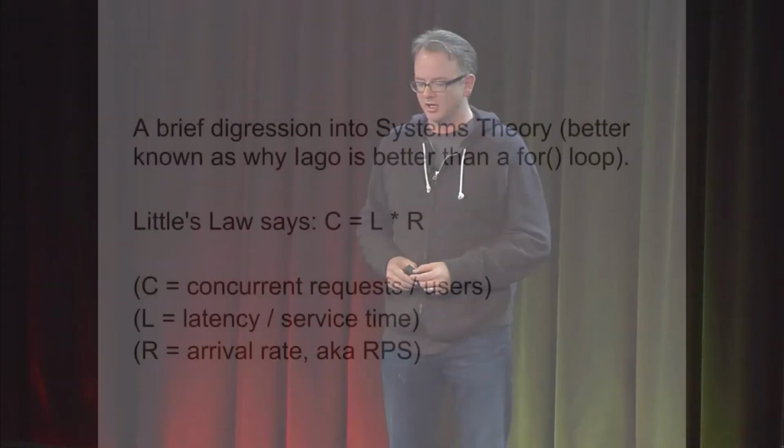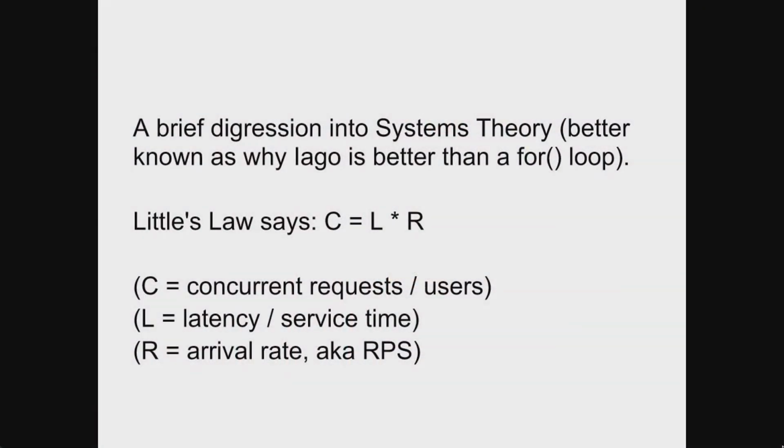So Little's Law is a really awesome mathematical result in queuing theory that says that if you have a service and requests are arriving at a particular rate, the number of concurrent users or concurrent requests that service will be able to handle can be found by saying what is the request rate and what is the latency, or what is the time it takes to service that particular request.